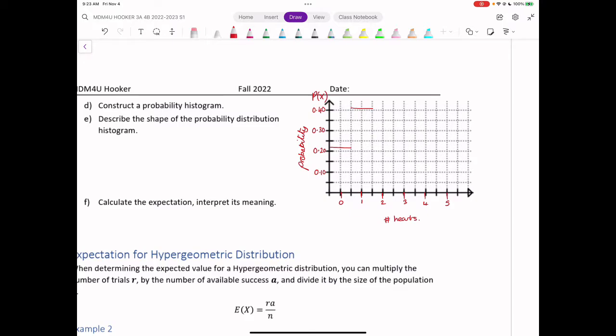Probability of 2 is 0.274, which will be right about there, I'm thinking. Probability of 3, 0.082. 4 is 0.011. And 5 is down there. Okay, now I'll do my vertical lines. You can use a ruler.